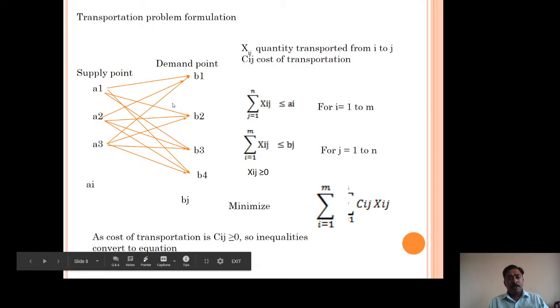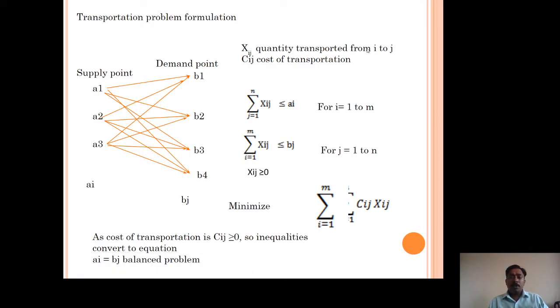Now we assume Xij is the quantity of transportation and Cij is the cost of transportation. Xij must be less than or equal to Ai, which indicates that we can supply at most the available supply quantity.